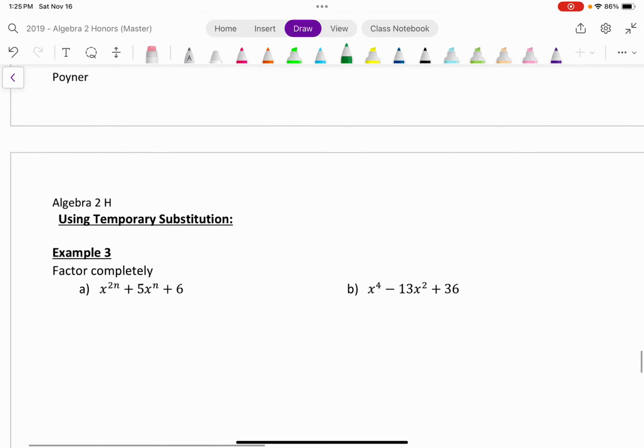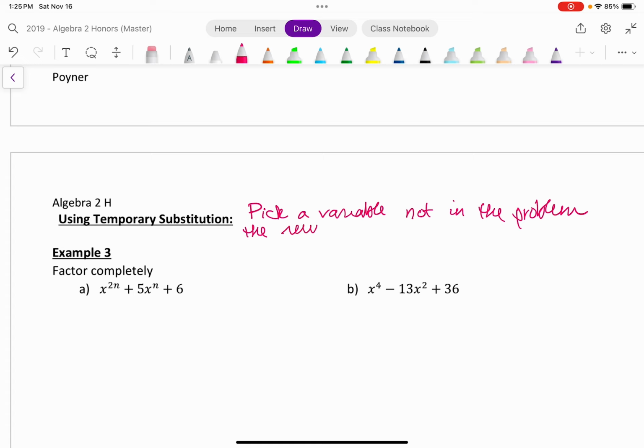All right, the last little bit of factoring we're going to do today is temporary substitution. Now, temporary substitution can be used in many ways, but in this particular case, you're going to pick a variable not in the problem, then rewrite the problem in terms of this variable. We've done this before, by the way.